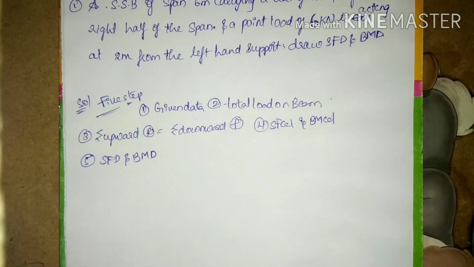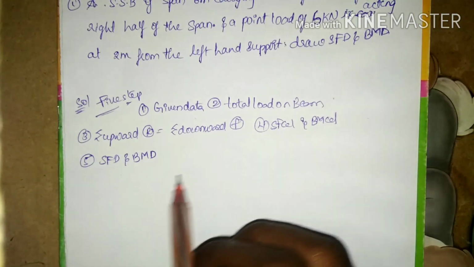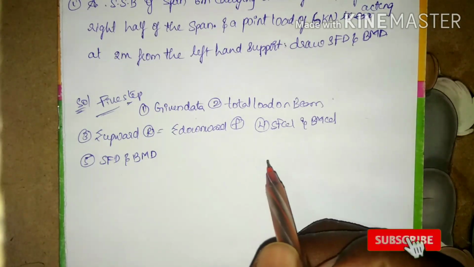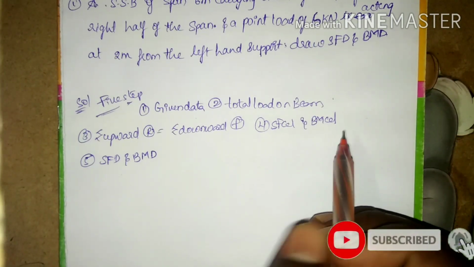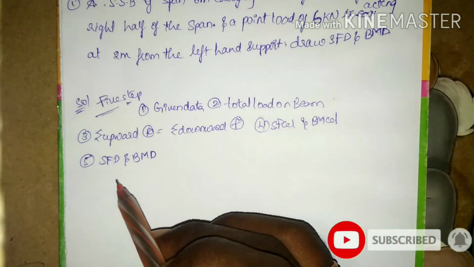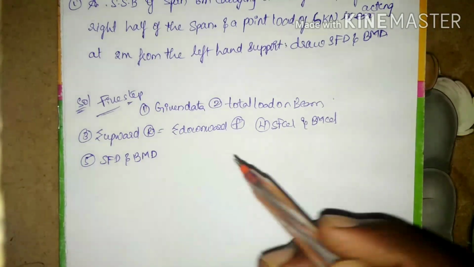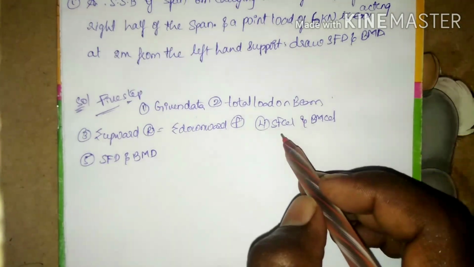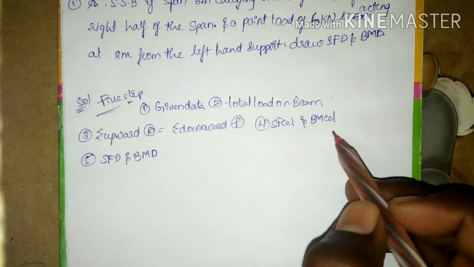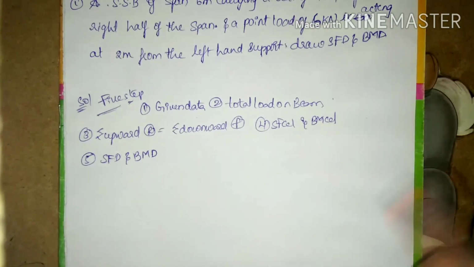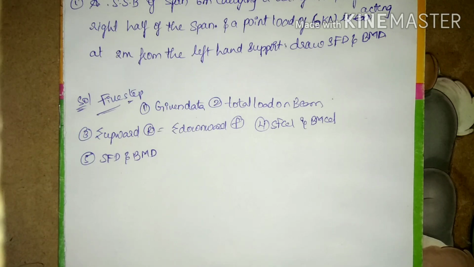Number 3, summation of upward reactions is equal to downward forces. Number 4, shear force calculation and bending moment calculation. Number 5, shear force diagram and bending moment diagram with respect to their shear force calculation values and bending moment calculation values. Let us follow our 5-step method.